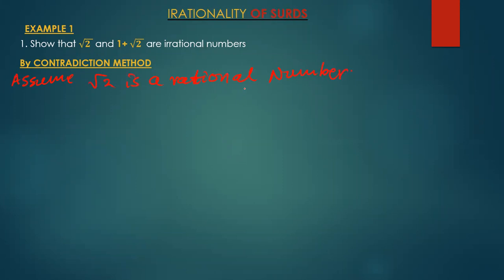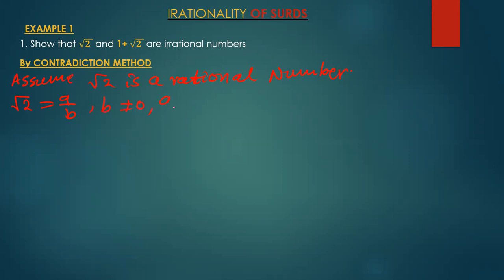After making this assumption, we know that for a number to qualify to be a rational number, we have to be able to express that number in the form A over B. So for the root of 2 to be called a rational number, it should be expressible as A over B, where B is not equal to 0.